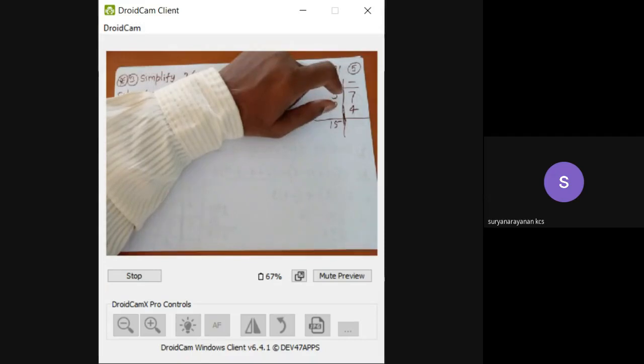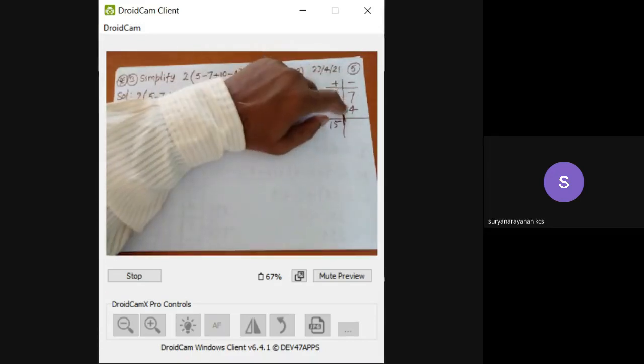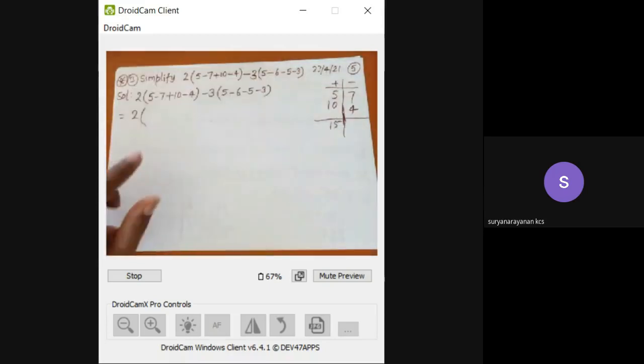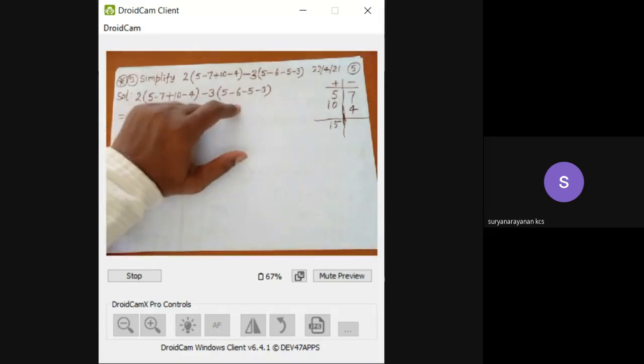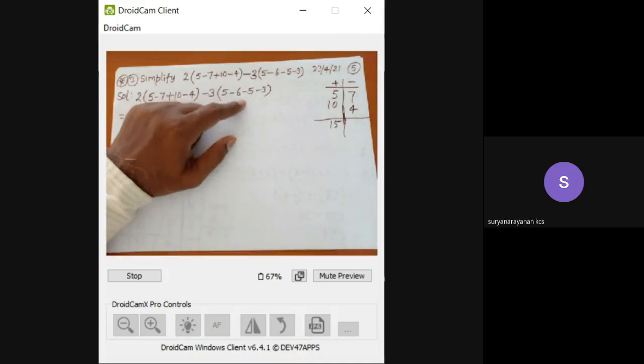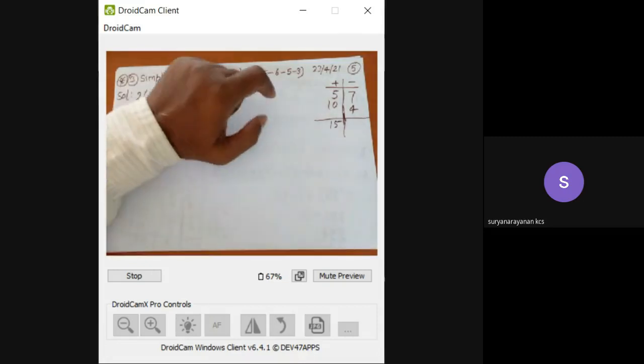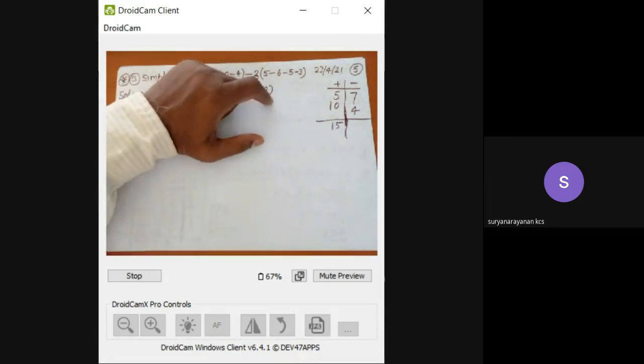Can you tell me, Jaslyn? Simplify these two numbers. What will you get here? Harini, listen carefully. Not -3, Amma. Can you tell me, Shanti?